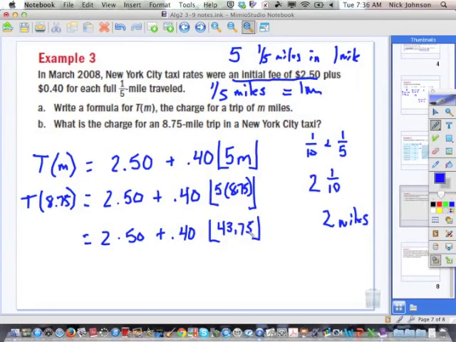So I've got to find my integer here. We're rounding down, so if we're at 43.75, going down takes me to 43.